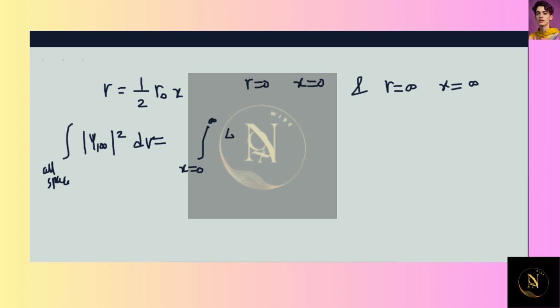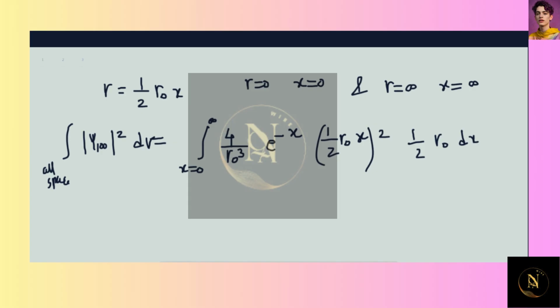We have 4 over r naught cube, which was outside, though it doesn't matter if we take it inside. The exponential becomes e to the power minus x, then we have r square in front, so we have r naught x whole square, and for dr we substitute 1/2 r naught dx.